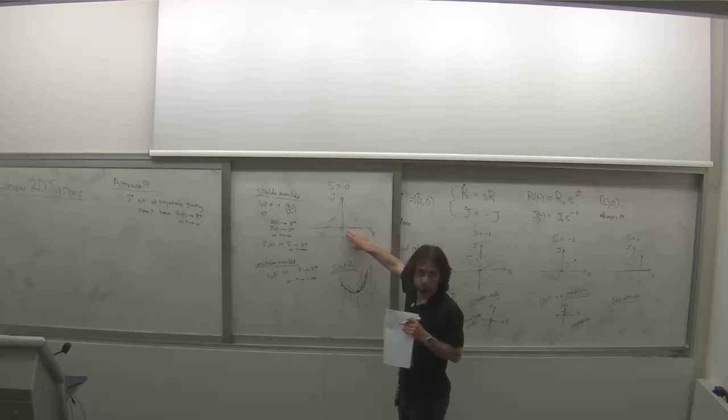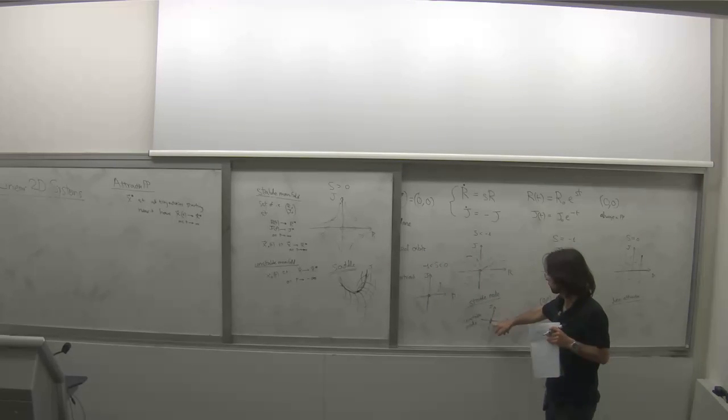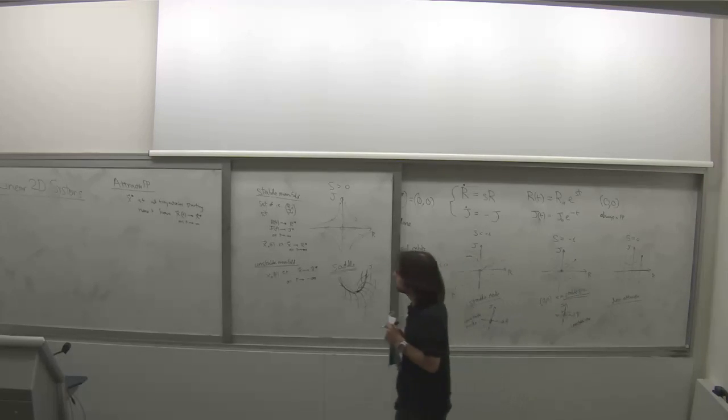So this will not be an attracting fixed point, right? This will not be an attracting. This will be an attracting.